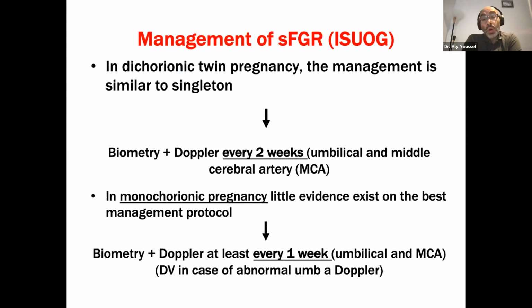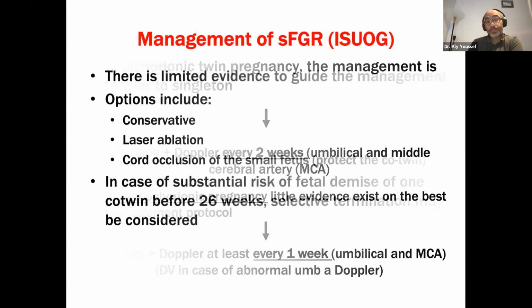Whereas in monochorionic twin pregnancy, we don't really have huge evidence on the best management protocol, but seeing these patients at least once weekly, with a biometry every 2 weeks and Doppler at least every 1 week, with an umbilical and middle cerebral artery Doppler, and including the ductus venosus in cases of an abnormal umbilical artery Doppler, seems like a quite reasonable approach.